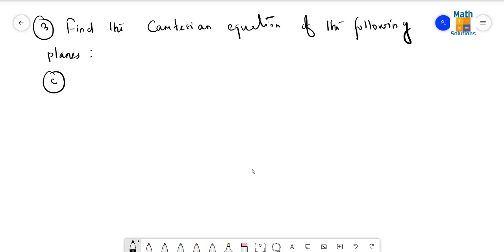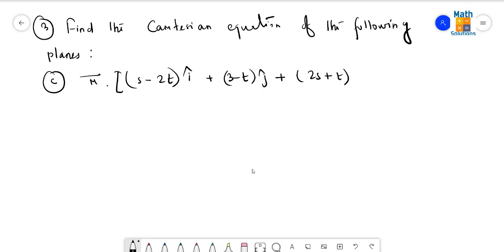Here in this case, the given plane is vector r dot [(s - 2t) i cap + (3 - t) j cap + (2s + t) k cap] is equal to 15. Now here we have to consider any arbitrary point, say for this vector r, any arbitrary point (x, y, z) whose position vector could be vector r.